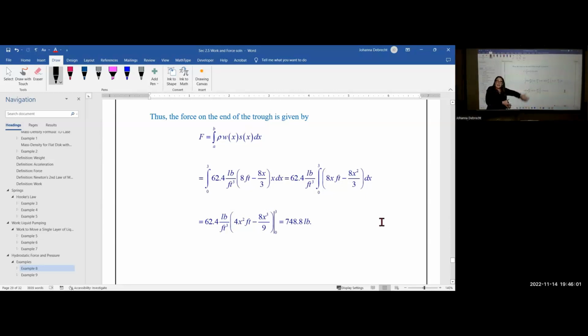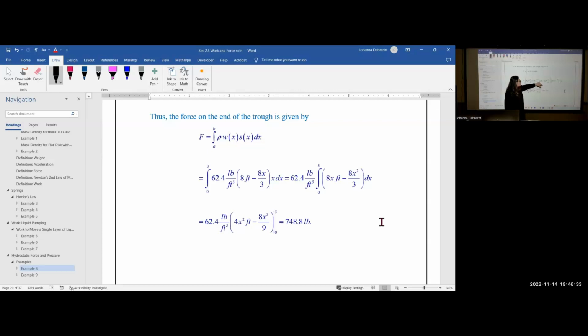So again, it's a flat two-dimensional surface. It's just the surface of the end of the trough. So we're going to take the weight density of water. Here is rho. This is not density anymore. It's weight density, which is 62.4 pounds per cubic foot, times the width function for our particular strip, which is 8 feet minus 8x over 3, times our S of X, which turned out to be the same as X. That's where I set it.